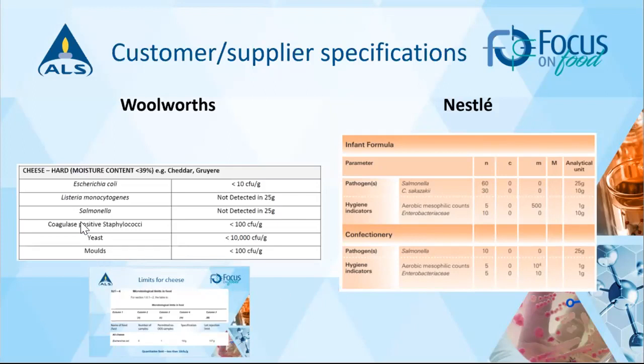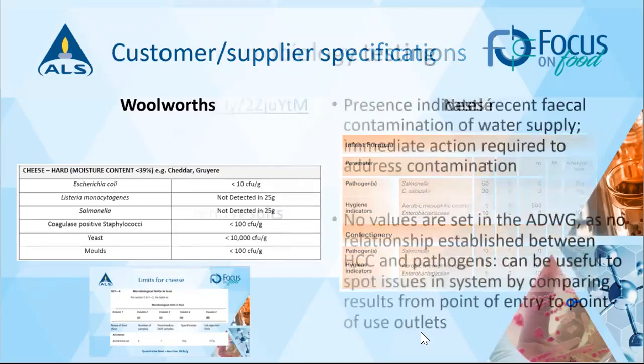Just here, I've included a little snippet, which is the section on hard cheeses. It's really interesting to compare this to the Food Standards Code limits for all cheese. If we look at these again, the legal requirement was for E. coli testing with a small m value of less than 10 CFUs per gram and a large M value of 100 CFUs per gram.